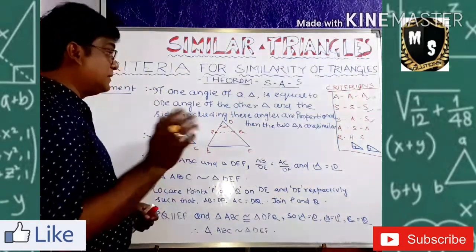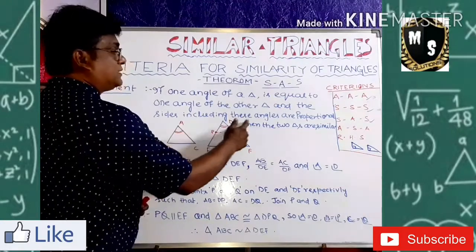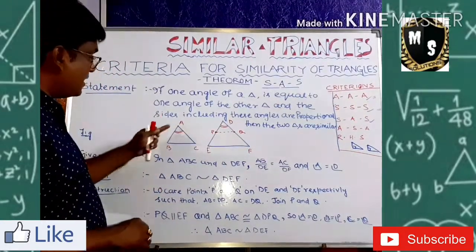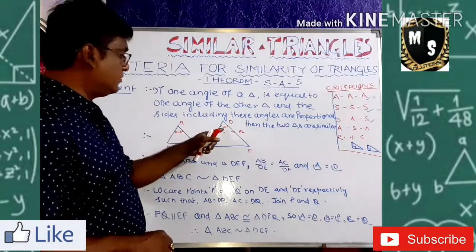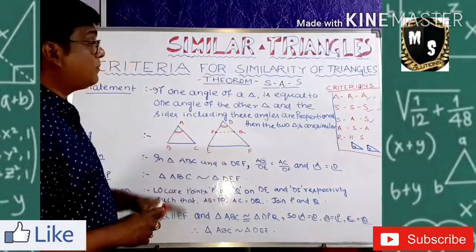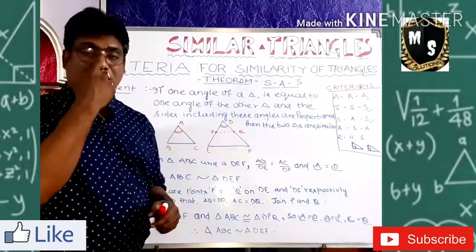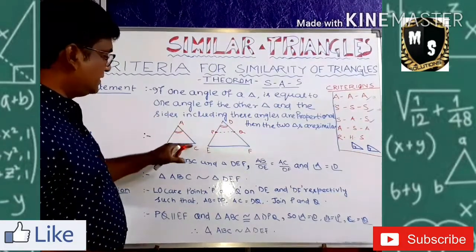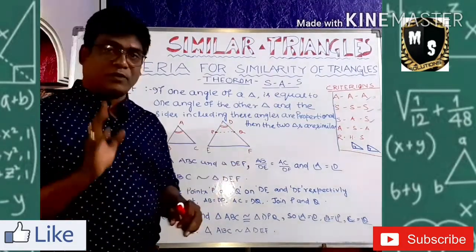And also given are the sides including these angles. The sides including angle A are AB and AC, and the sides including angle D are DE and DF, which are proportional. That means AB by DE is equal to AC by DF. So they are in proportion.